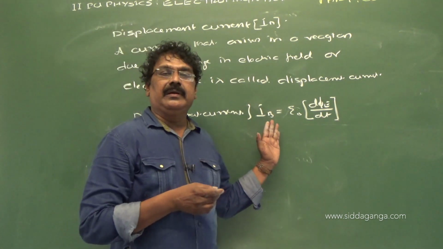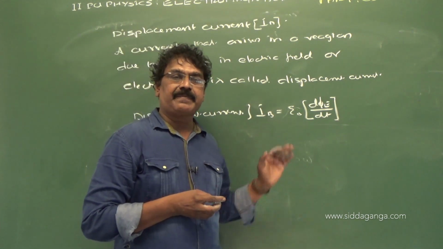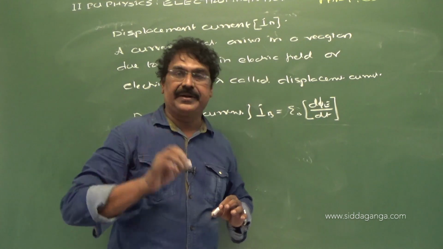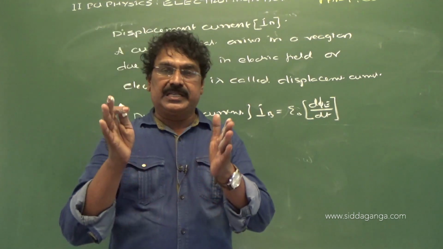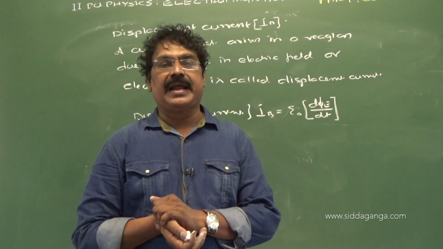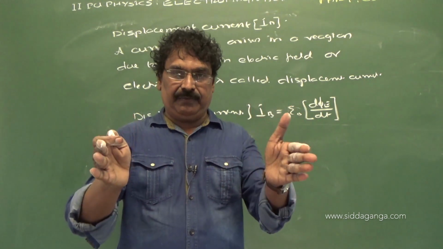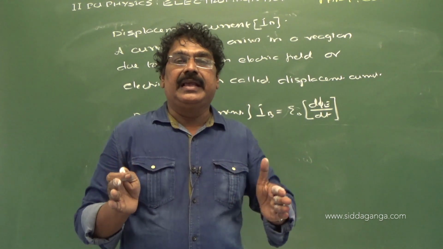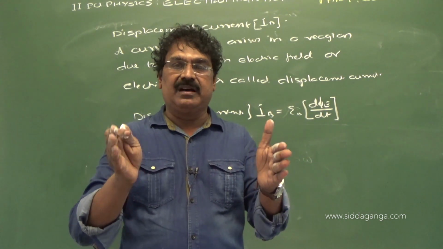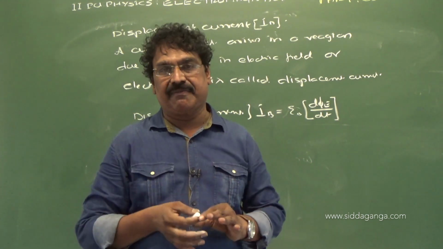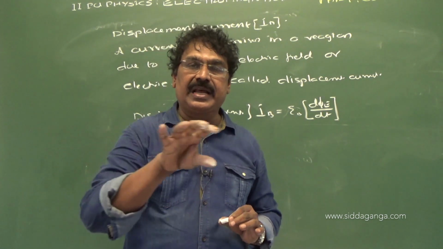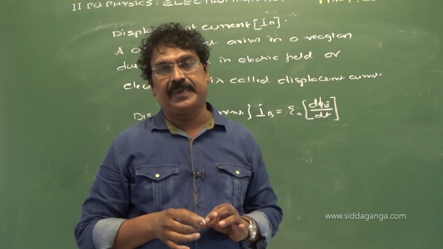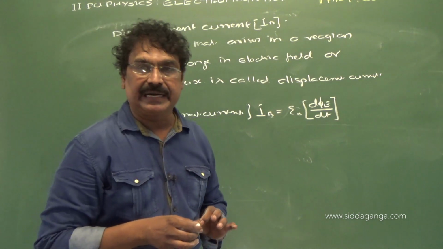Now the displacement current is not the conduction current. Displacement current flows in a region where there is a rate of change of electric field or electric flux. Conduction current flows through a wire where there is a flow of electric charge.